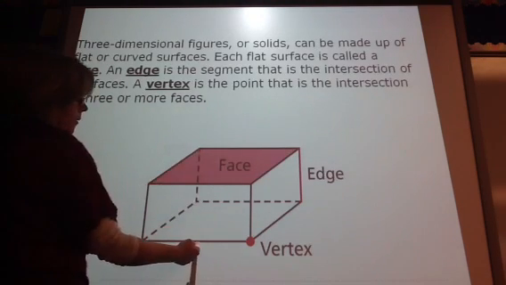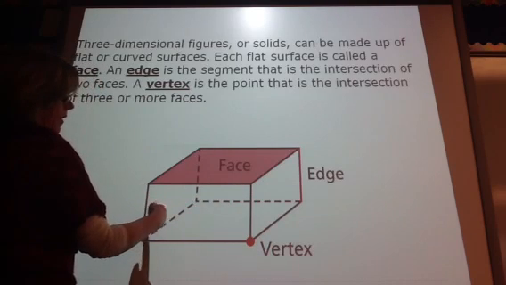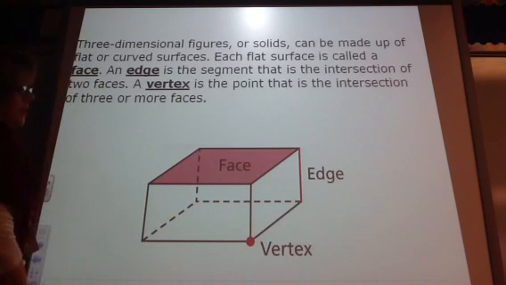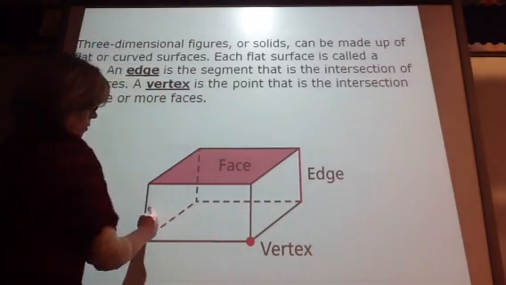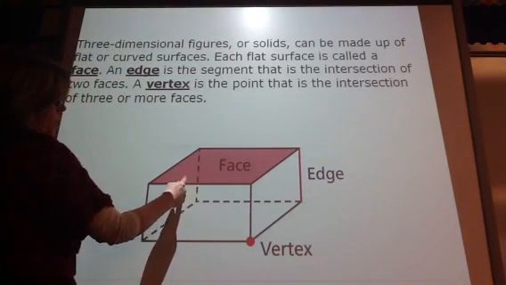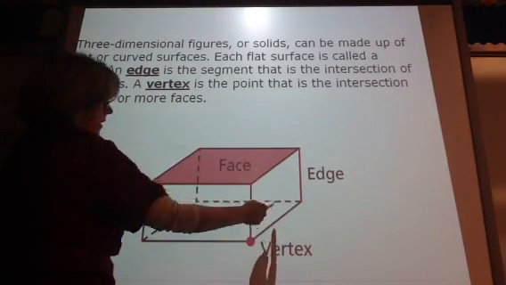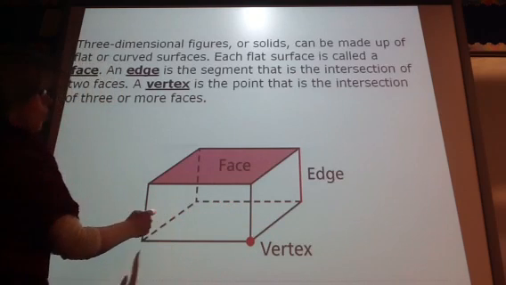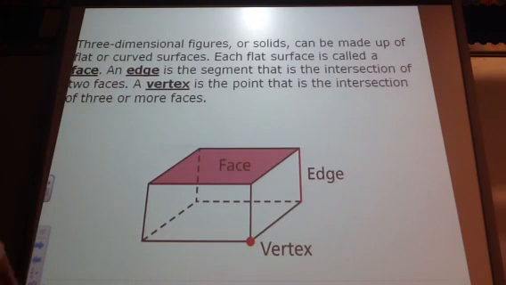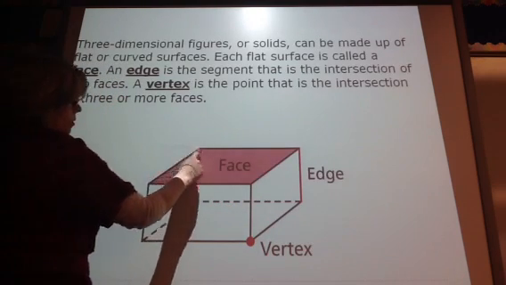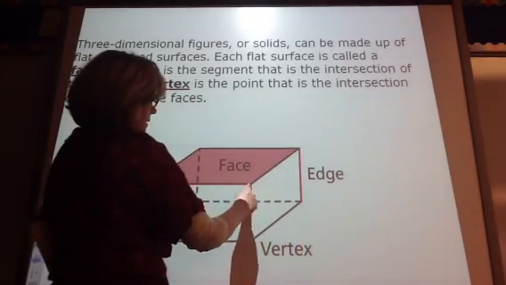We have top, bottom, left, right, front, and back. So there's 6. How many edges do we have? 1, 2, 3, 4, 5, 6, 7, 8, 9, 10, 11, 12. How many vertices? 1, 2, 3, 4, 5, 6, 7, 8.